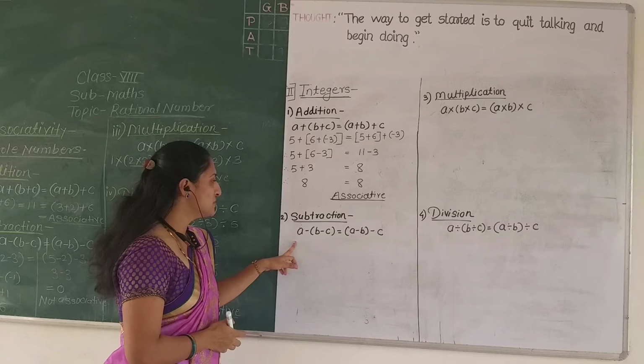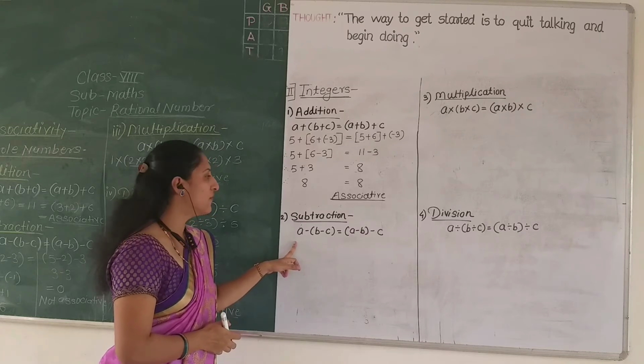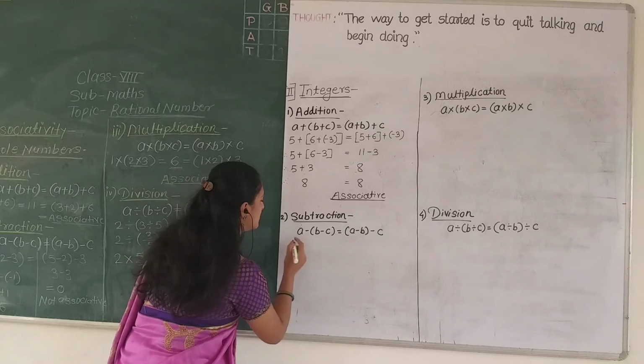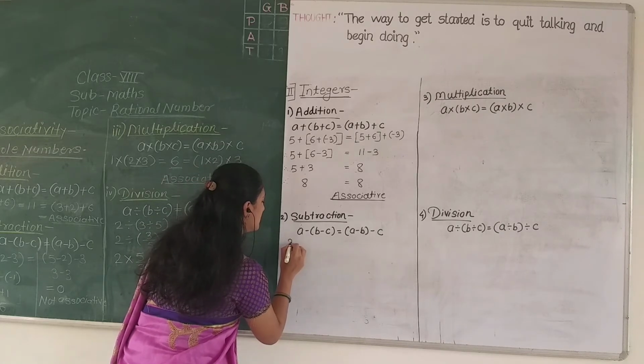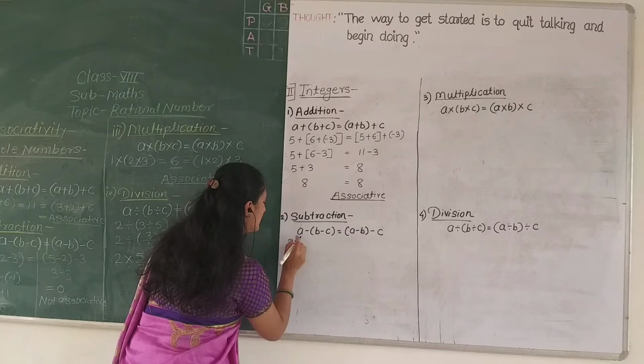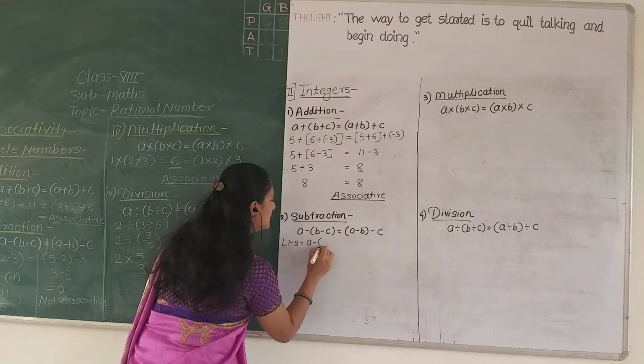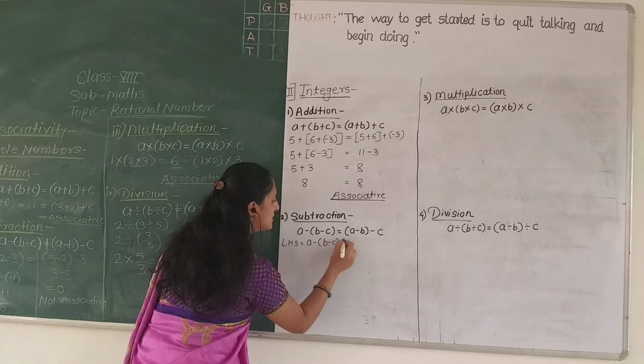Now check the associativity for subtraction. So let us take three numbers here, A, B and C.